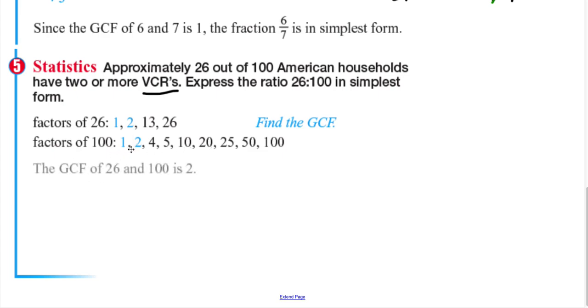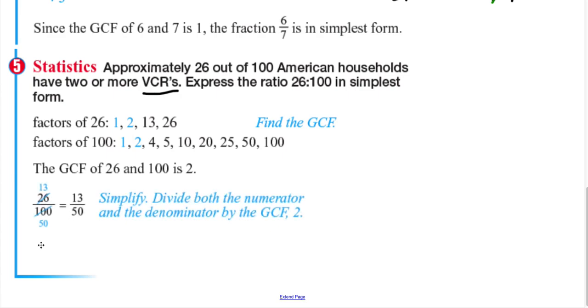So the GCF would be 2. So what we do now is simply divide the numerator and denominator by 2, the GCF. 26 divided by 2 is 13. 100 divided by 2 is 50. So you get 13 over 50.